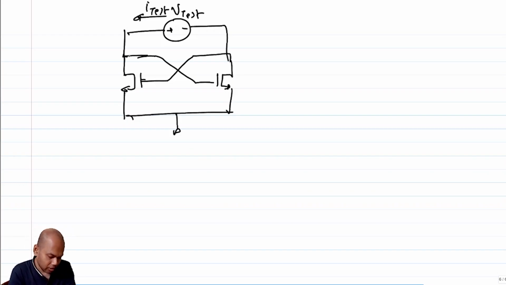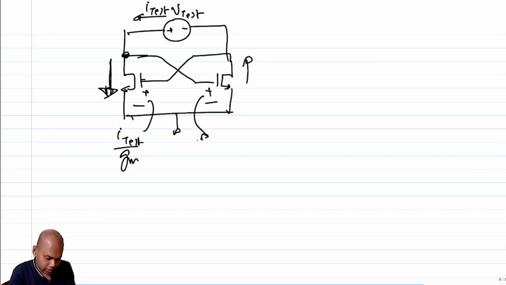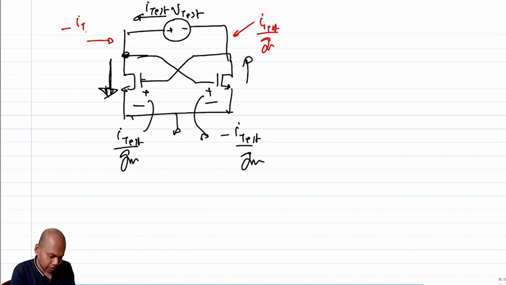Okay. So this I test flows through this and flows up through this. So if the I test flows down through this, which means the voltage that has to accrue here is I test over Gm, and the voltage that accrues here is minus I test over Gm. So this voltage here is I test over Gm, and this voltage here is minus I test over Gm, correct?